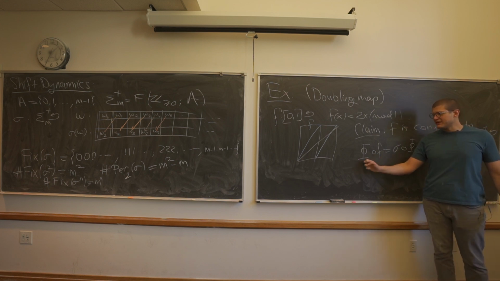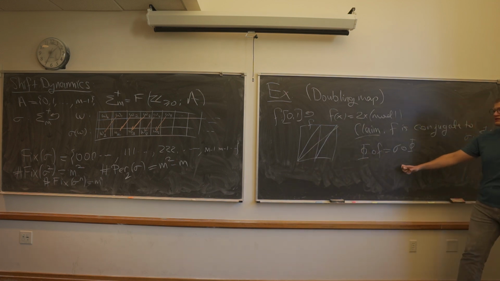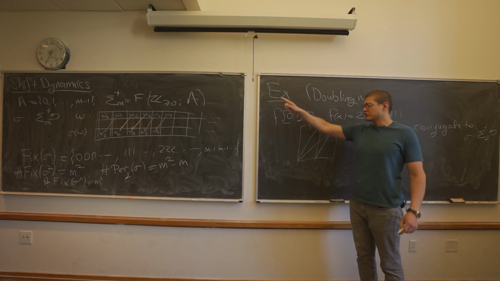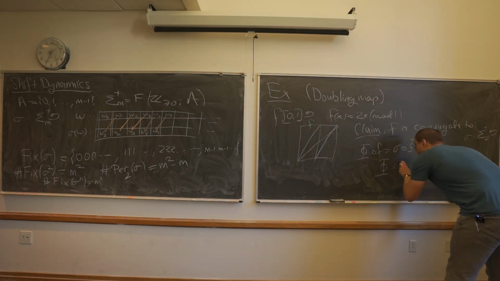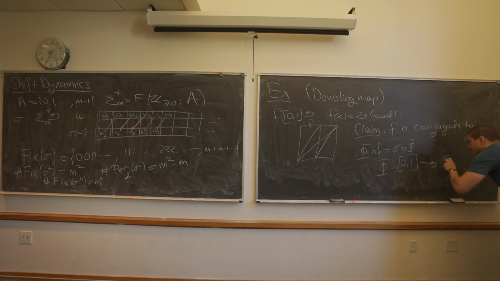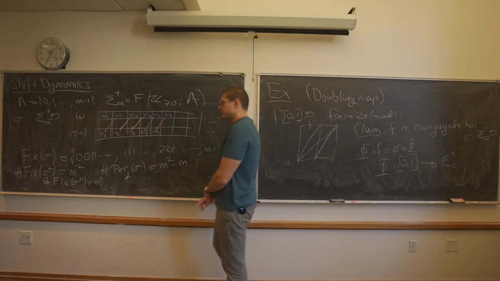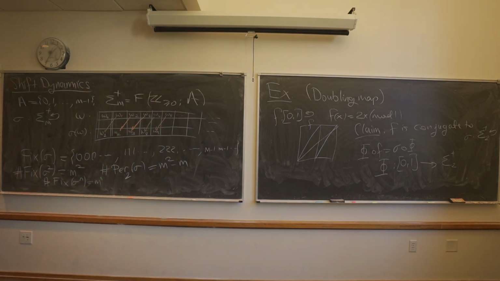But any guesses as to how I can come up with something? So here, what do I need? I need phi to be a function from the interval to the sequence space. Now, how do you start with a number and turn it into a sequence of numbers?